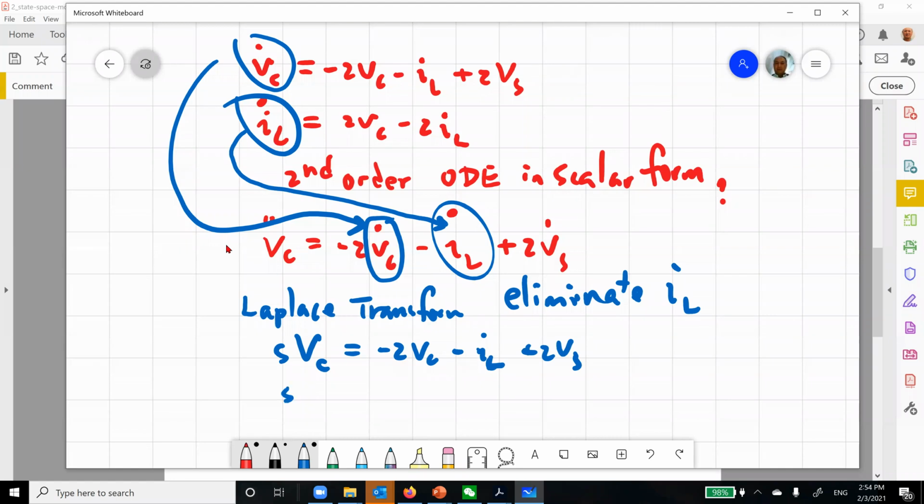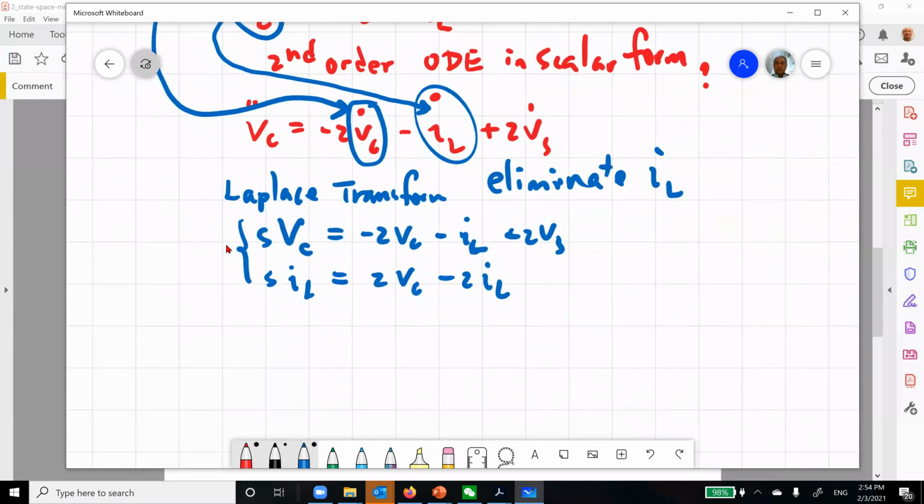Then you have SIL is 2VC minus 2IL. Then you can try to eliminate the IL. Let me show this one to you.